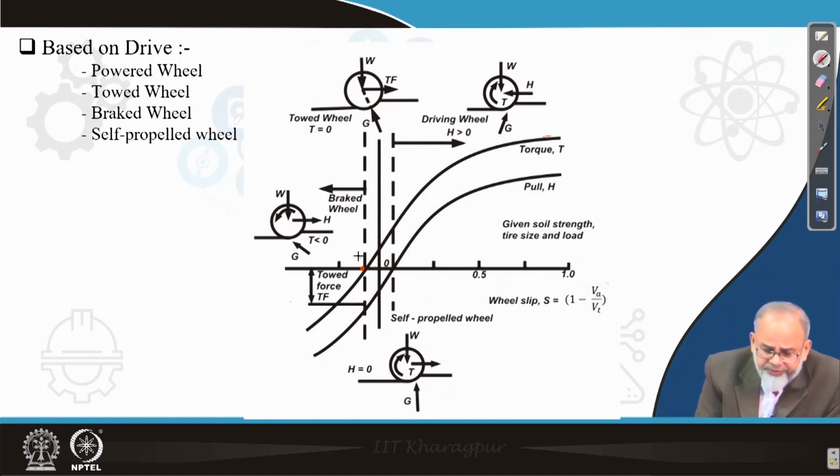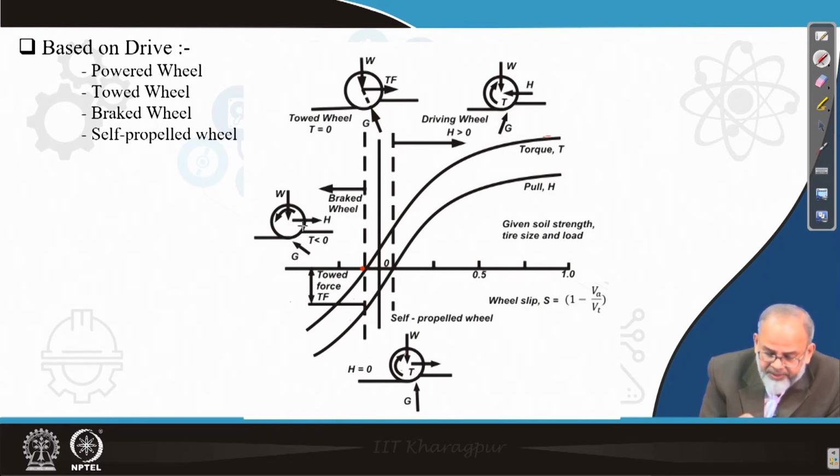Now, the third wheel which we will be talking about is the braked wheel. If you look at this figure, in the braked wheel the torque applied is just opposite to the direction of motion. In the self-propelled wheel, the torque is applied in the clockwise direction and the wheel is moving forward. But here the torque is applied in the opposite direction, and weight is applied, and look at the soil reaction.